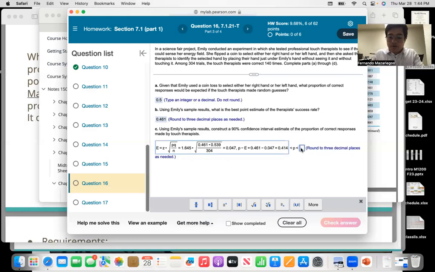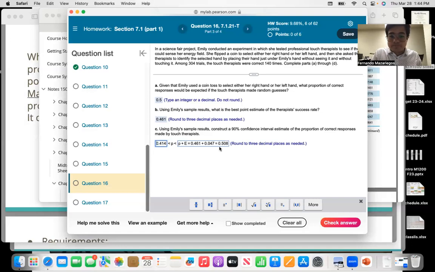And the upper limit is going to be p hat plus e, which is 0.461 plus 0.047, 0.508. And that should be our confidence interval.